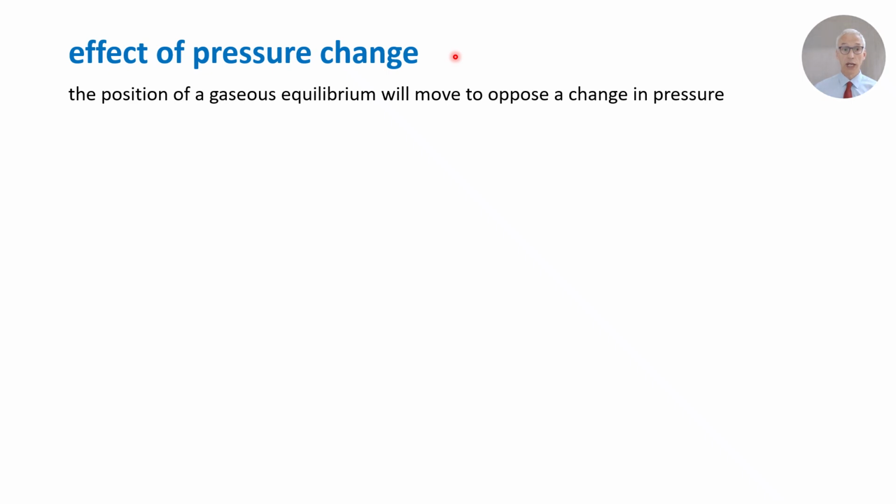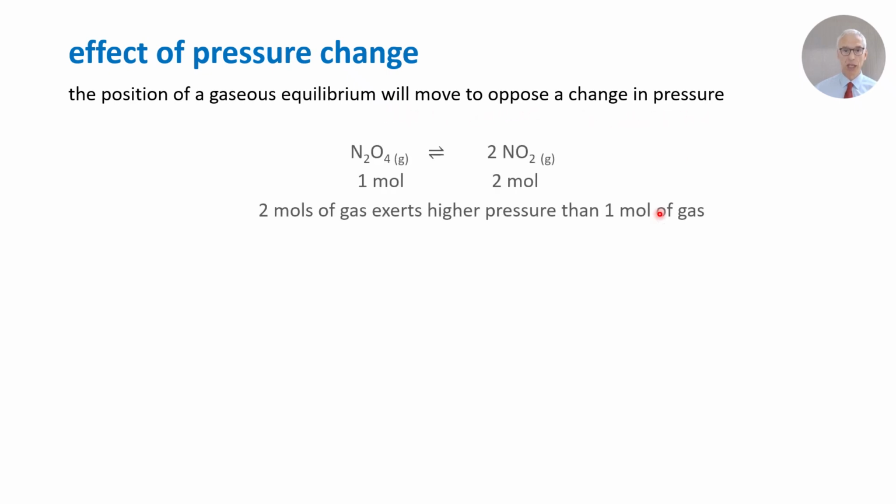So let's look at the effect of pressure change on the position of equilibrium. Again, here's a statement of Le Chatelier. The position of gaseous equilibrium will move to oppose a change in pressure. So let's look at a gaseous equilibrium.